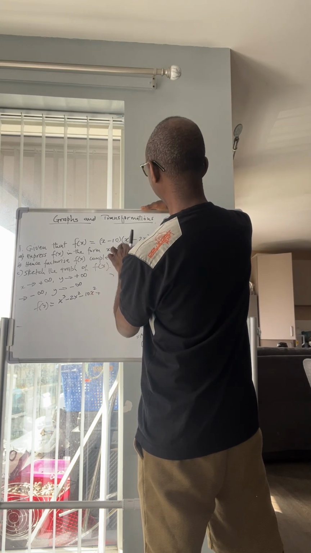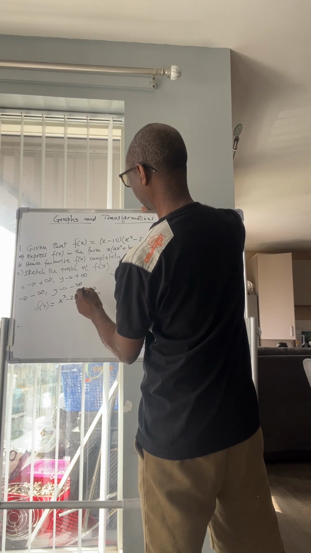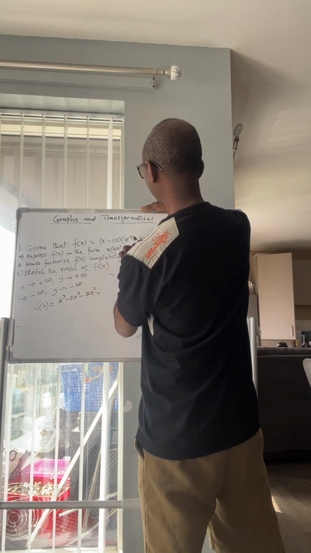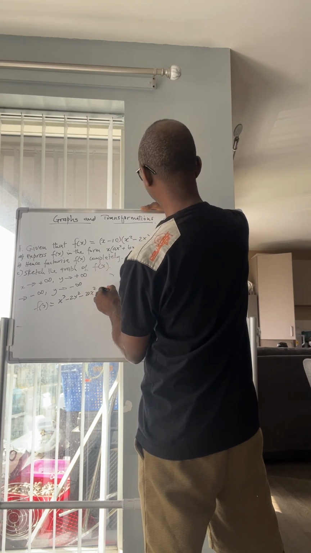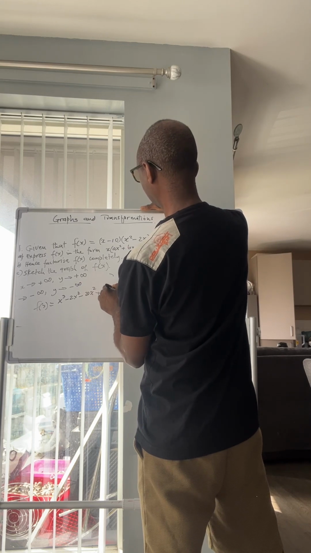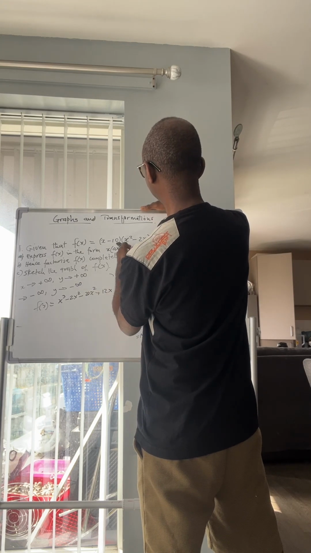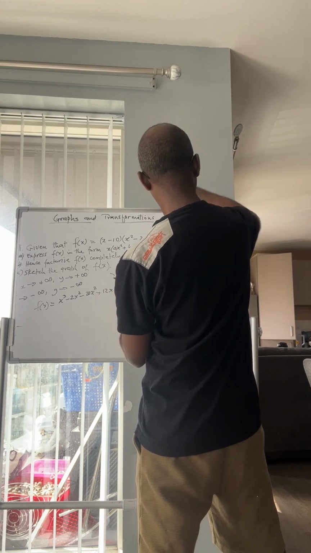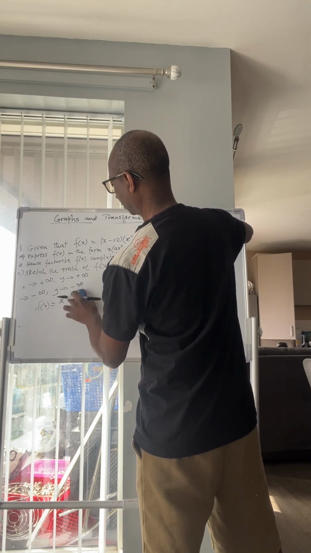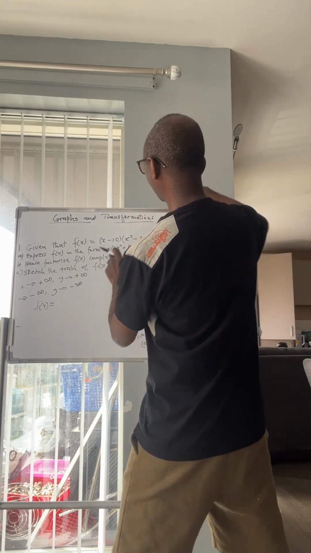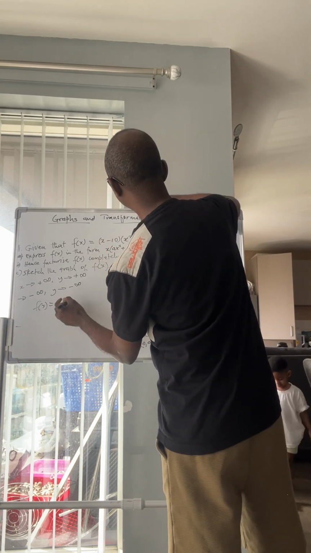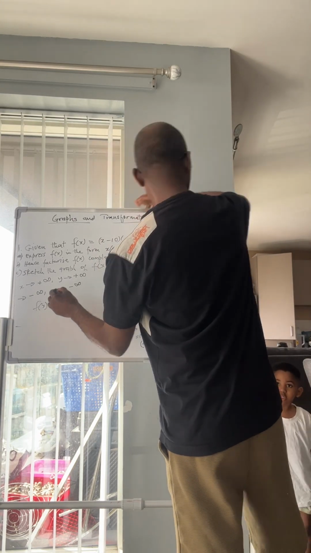No. Minus 10 times this, minus 20x squared, you have your plus 12x. Don't like this, man. X times x squared, x cubed.